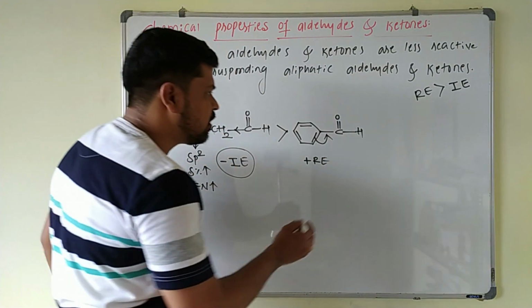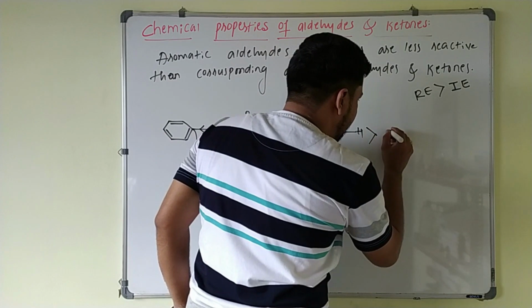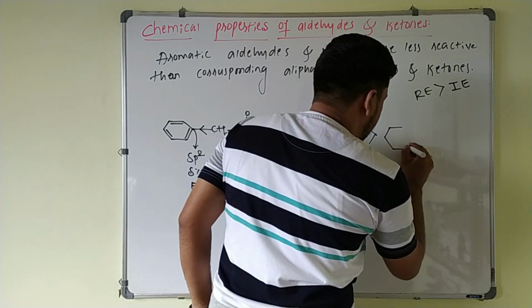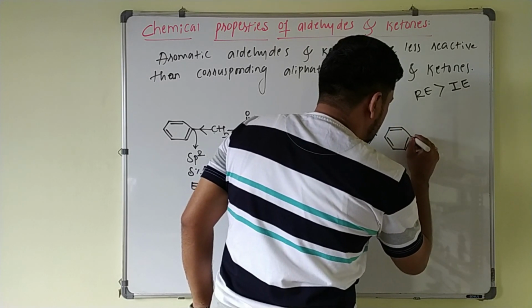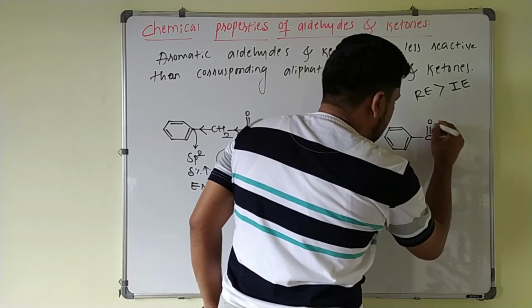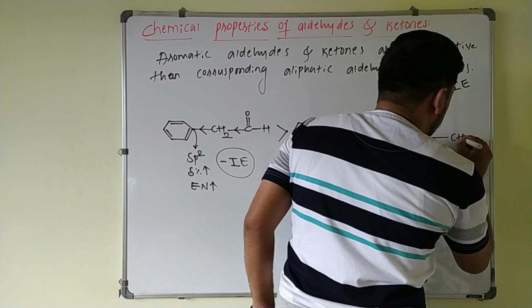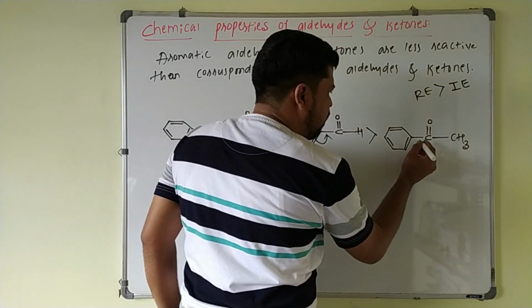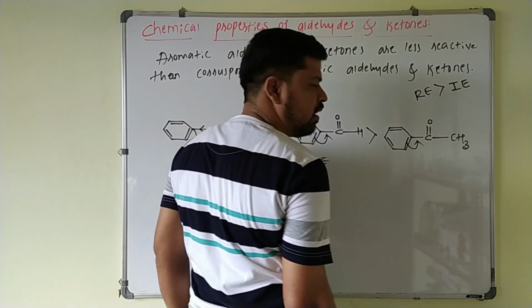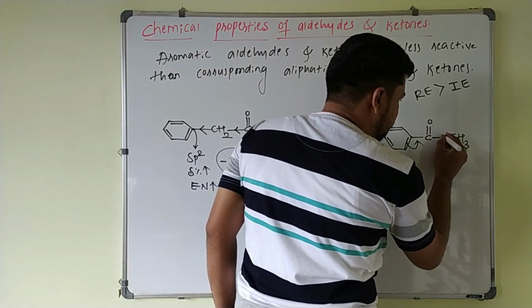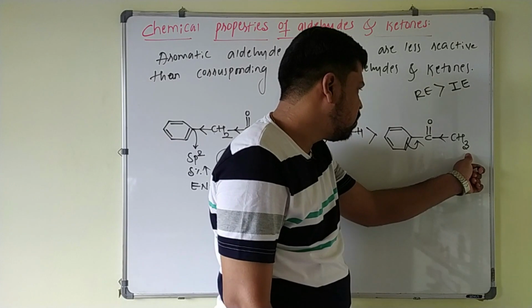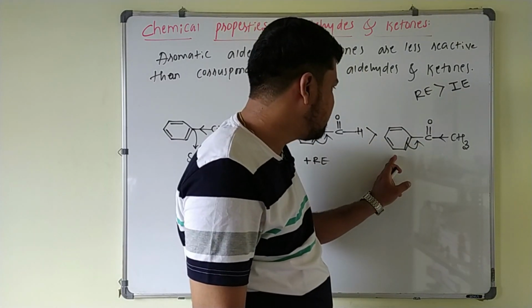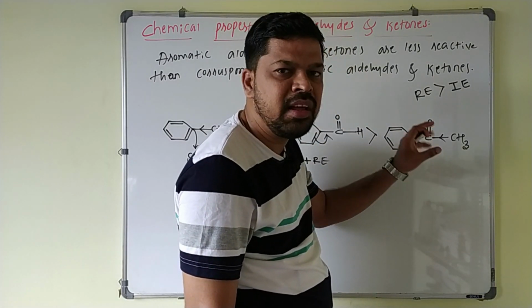Next one, if I take one phenyl group attached to the carbonyl carbon and one alkyl group here, like this I will take. So here this is due to the resonance effect, and here it is showing what? Positive inductive effect. This is releasing electron density through its inductive effect, and this is releasing electron density towards the carbonyl carbon by the resonance effect.